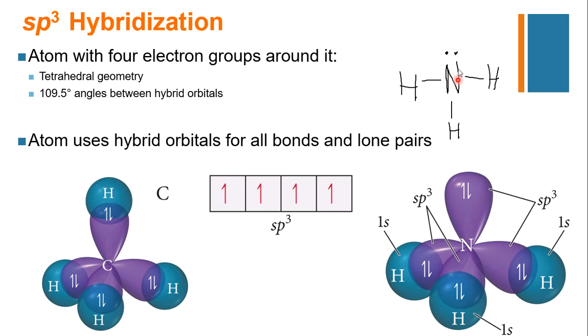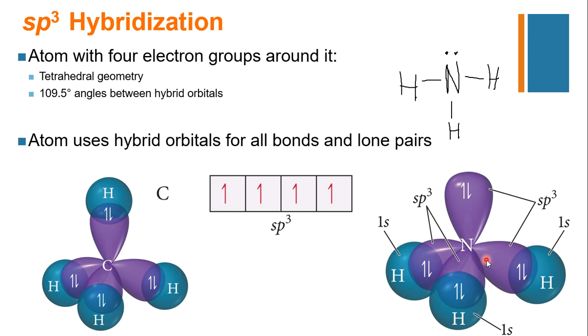This nitrogen will hybridize its orbitals. So it will do the same kind of hybridization as carbon, to try to maximize its bonds. So it'll do that sp3 hybridization. And then we'll see those hybrid orbitals here. So here's 1, here's 2, here's 3, here's 4. So we see those 4 hybrid orbitals.